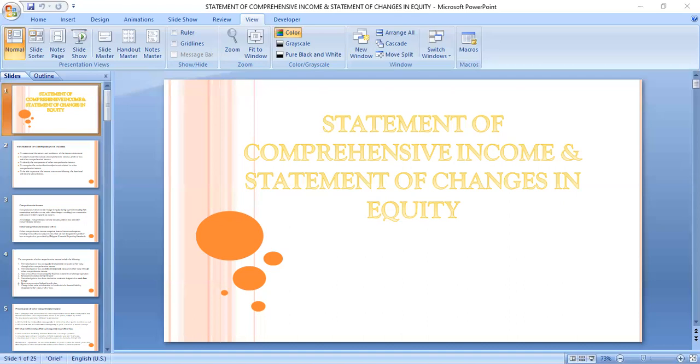And these are the expenses and losses from peripheral or incidental transactions of the entity, including loss on sale of trading investment, loss on sale of property, plant and equipment, loss on sale of non-current investment, loss on sale of intangible assets, casualty loss from earthquake, typhoon, hurricane, tsunami, flood, fire, storm surge, and other natural disaster, and expropriation loss.